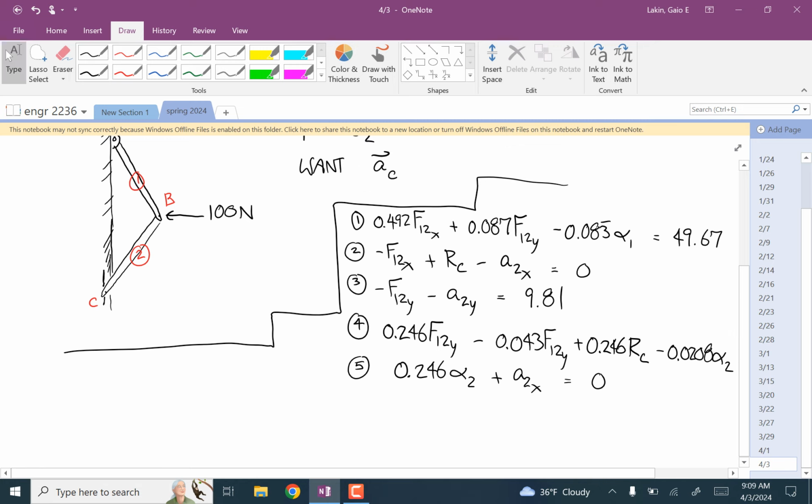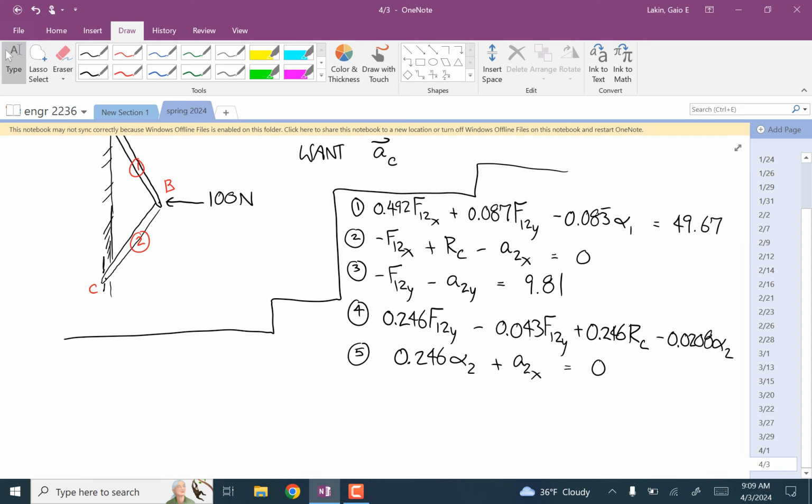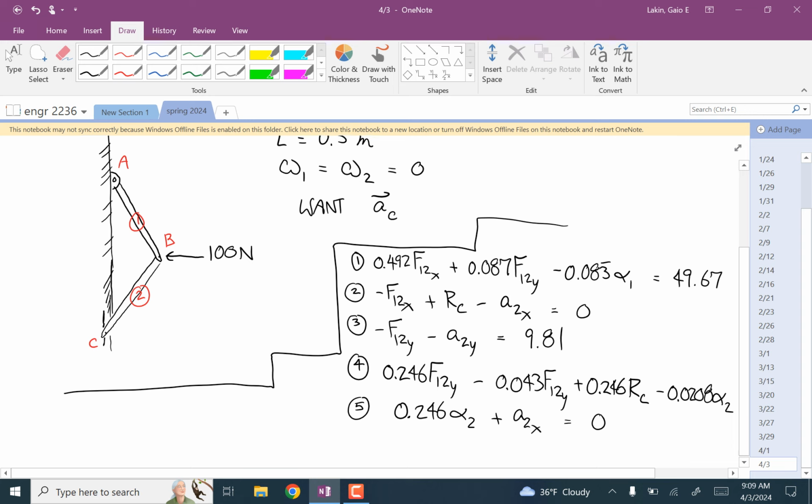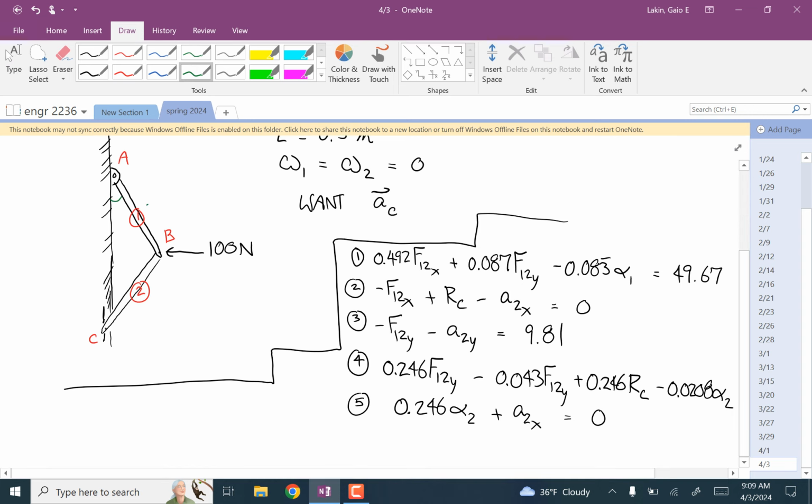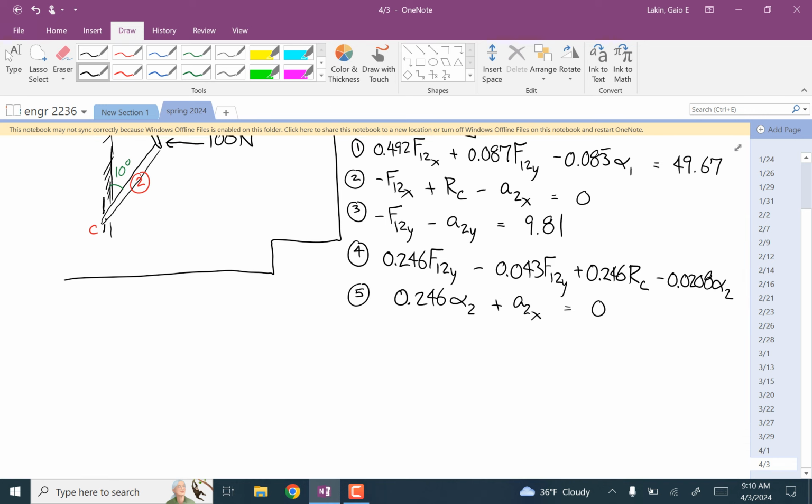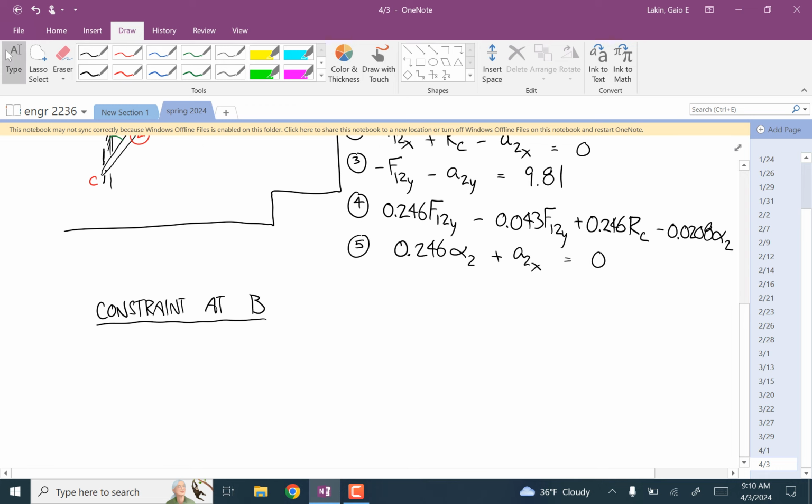Okay, so the only thing we have left is the constraint equation at B. This is the most important type of constraint to get used to because this is the one that occurs in every single linkage problem you're going to do. So take a few minutes, and these angles are 10 degrees. So now we're doing the constraint at B. And I guess let's do it this way.